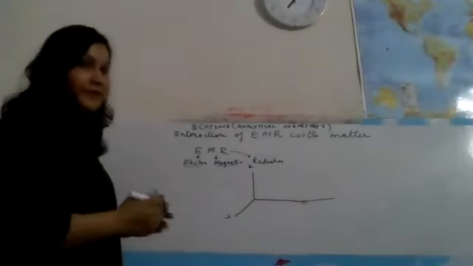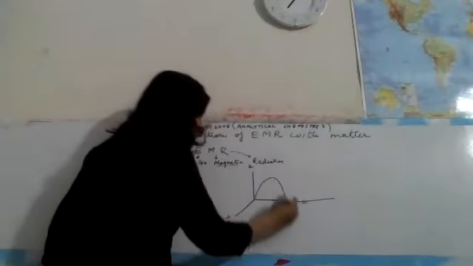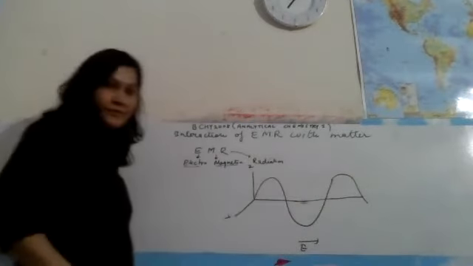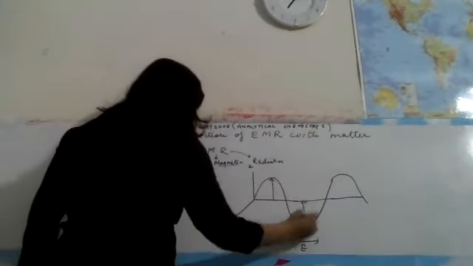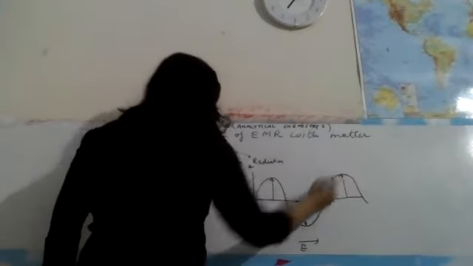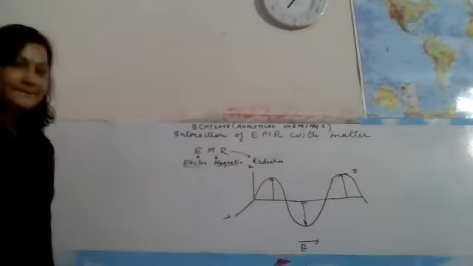So first we will make the electric field. Suppose this is the electric field. This is the direction of propagation of energy from here to here. We can represent this electric field as E.